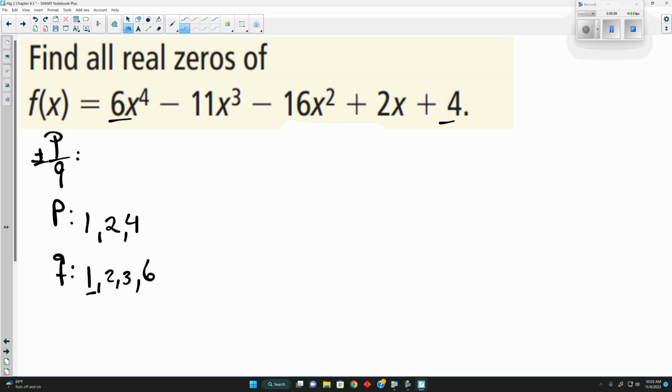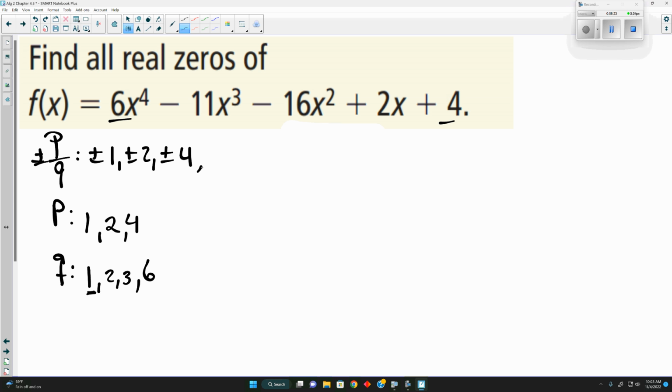And again, when we start doing this, we'll do all the factors of P over all the factors of Q. Well, the first number for Q we divide by is 1. So really all we have to do is relist the factors of P. So 1, 2, and 4, positive and negative, are possible factors. Are they actual factors?